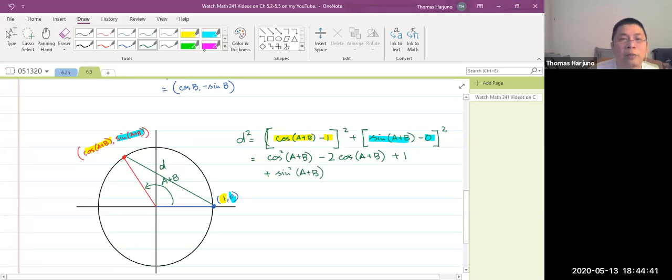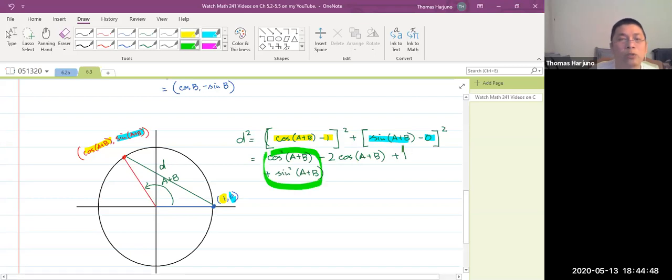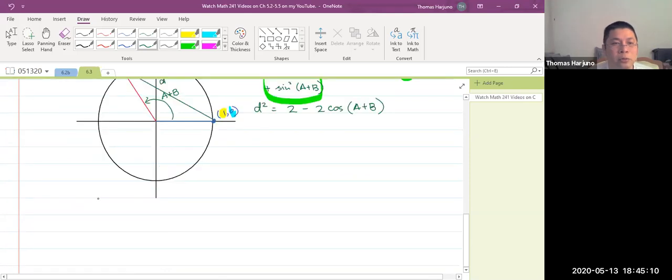But again, like before, this guy here will become 1. Together with this one, I get b squared equals 2 minus 2 cosine of A plus B. Okay, now I combine these two, but d squared equals d squared.